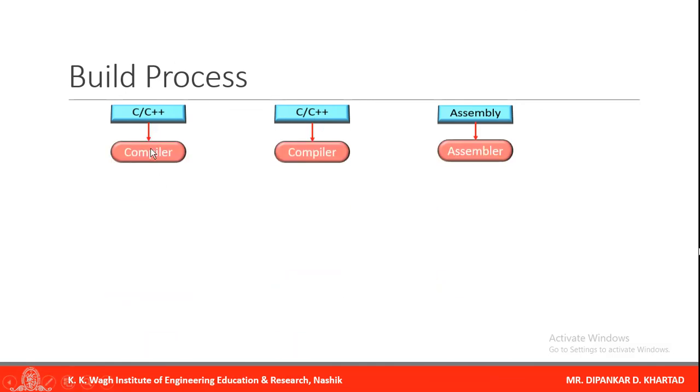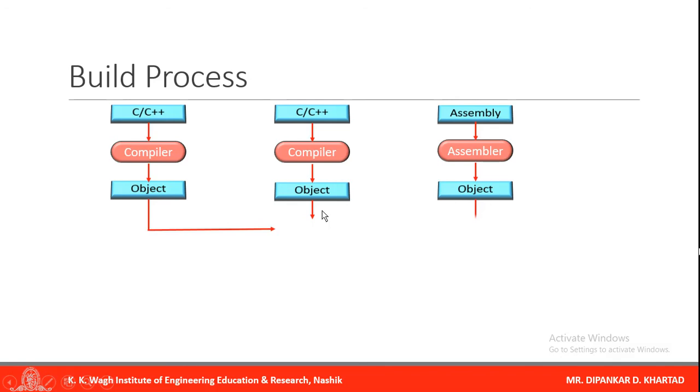Now we will use a compiler to convert that source file to object code, that will convert that C file to one of the machine code, that is the object code .obj file. Now it will generate one object code.